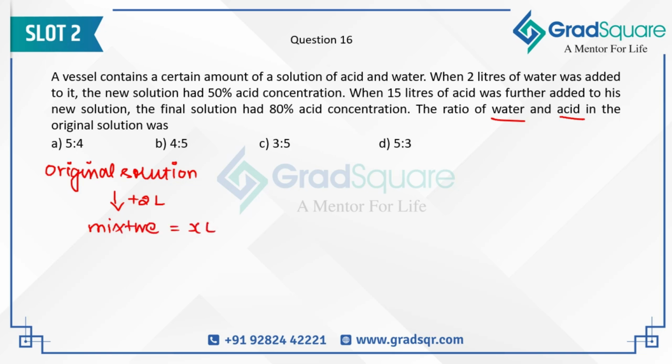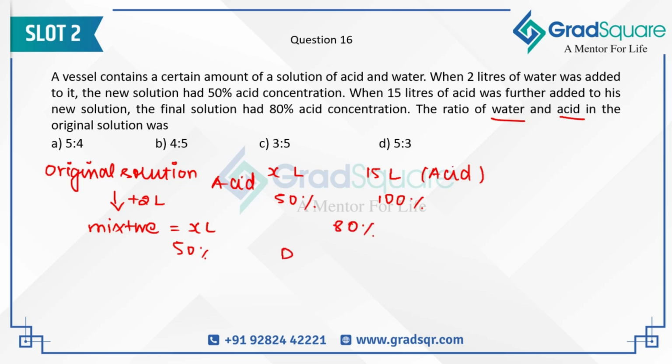The acid concentration is 50%. So in x liters I am going to talk about acid 50%, and I am going to add 15 liters of pure acid. In pure acid, the concentration of acid is going to be 100%. And in the resultant mixture, the acid concentration is 80%.